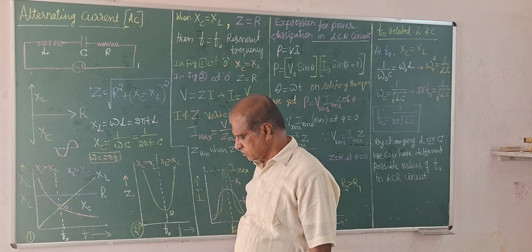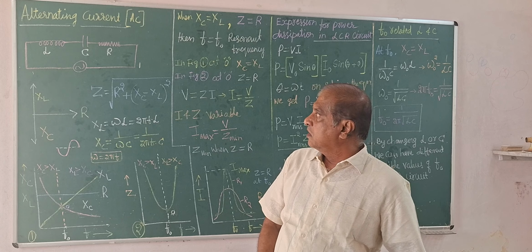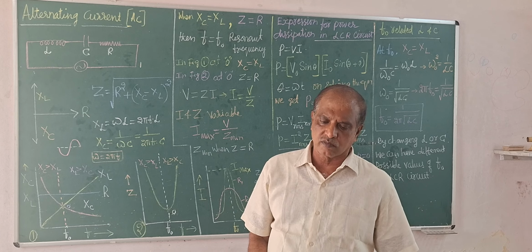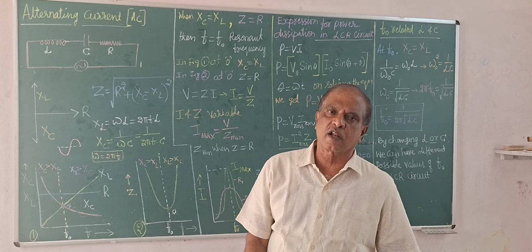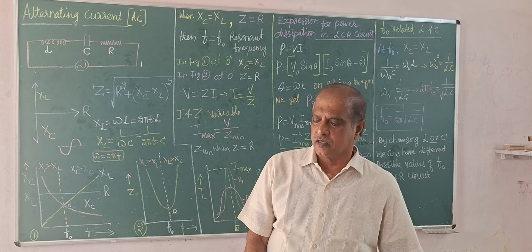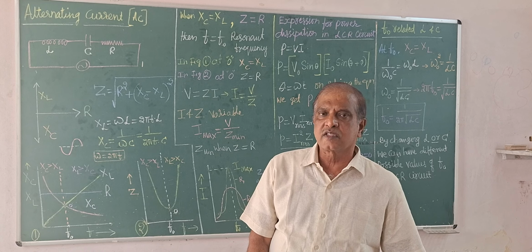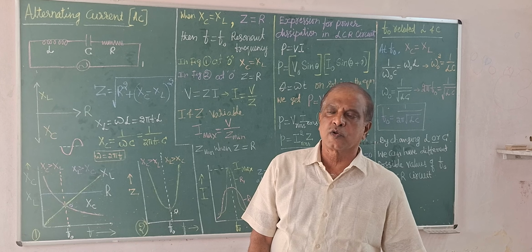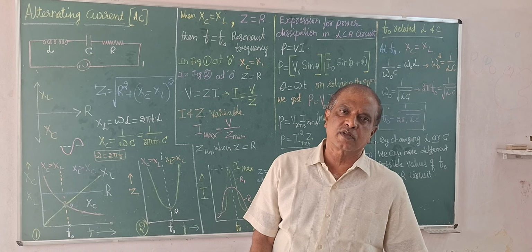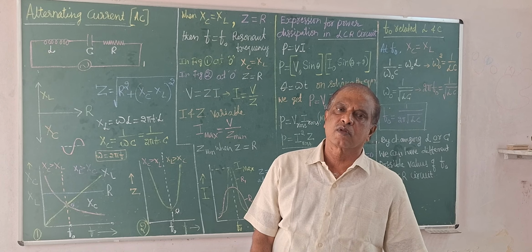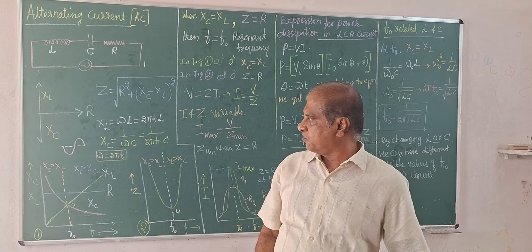So what is f? f is called the linear frequency of the AC cycle in LCR. In telecommunication, we are converting AC current into electromagnetic radiation and electromagnetic radiation back to AC current, so both of them are similar.